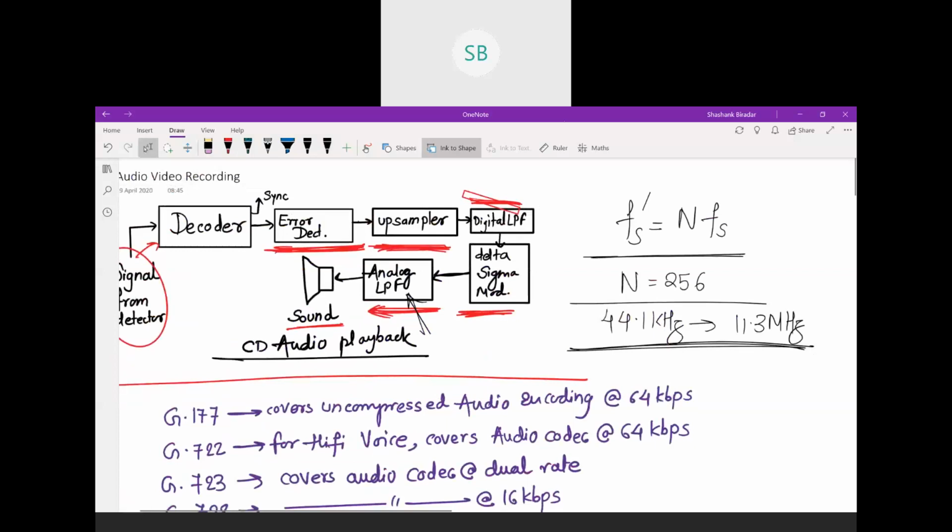So basically what we have seen is the signal comes from the detector, then it is decoded. There might be some errors. So, to overcome the errors, we predict the loss of data by incorporating some samples by means of the upsampler, then filtering, then converting that digital data into analog, then applying the low pass filter within the range of audio signals, and then we are able to listen to the sound.